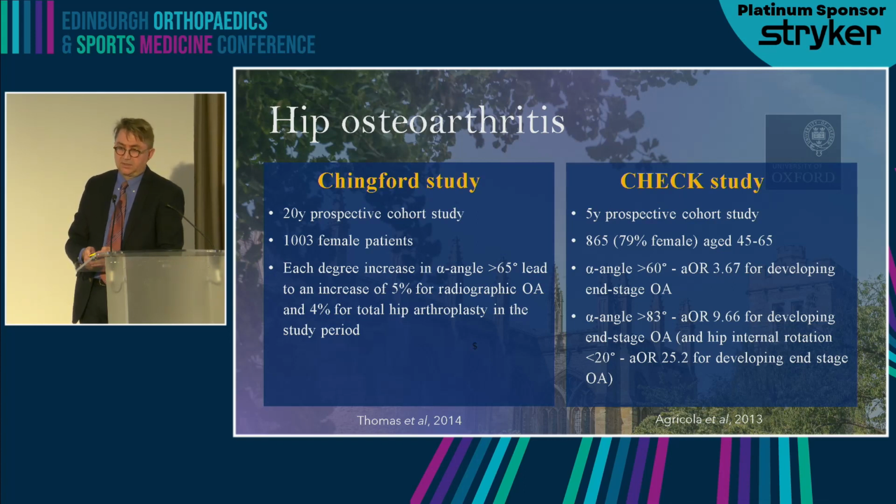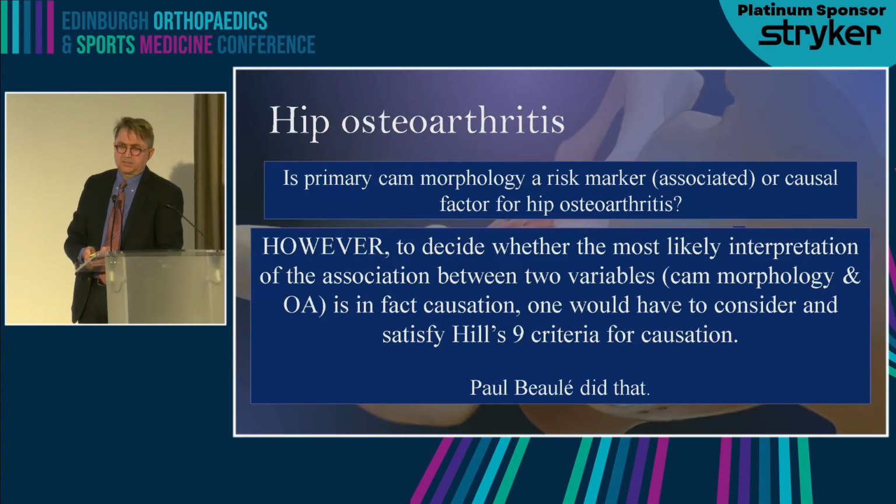In fact, the adjusted odds ratio is 25 when the alpha angle is above 83 degrees and combined with an internal rotation of less than 20 degrees. But again, the question: is it an association or is there a causal relationship?